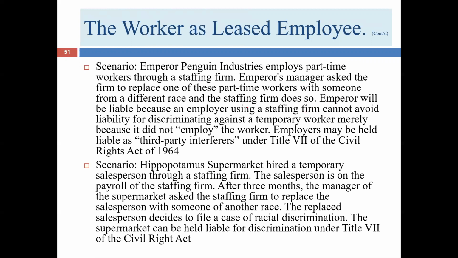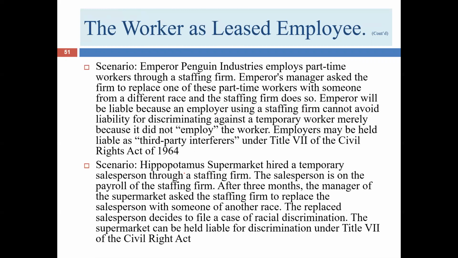So hopefully the staffing company is going to say no. No, we refuse to do that. If you have a performance issue with that part-time worker, then we can talk about that and address that, but we can't consider the race or the gender of our employees or your joint employees under those circumstances. So again, both of the entities are required to comply with employment law.